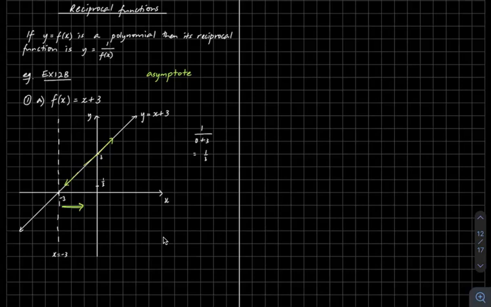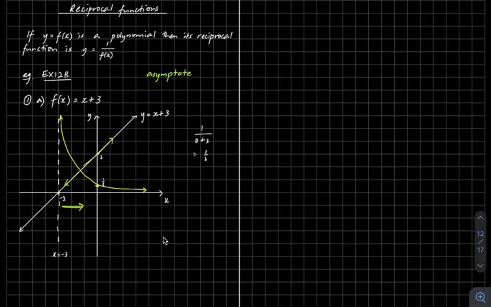Therefore the reciprocal function is going to be approaching the asymptote, going towards infinity as it gets near that asymptote, and going towards 0 as x gets bigger and bigger.